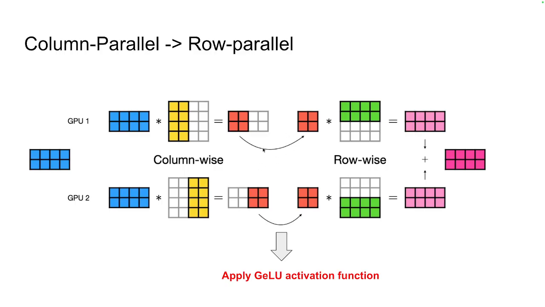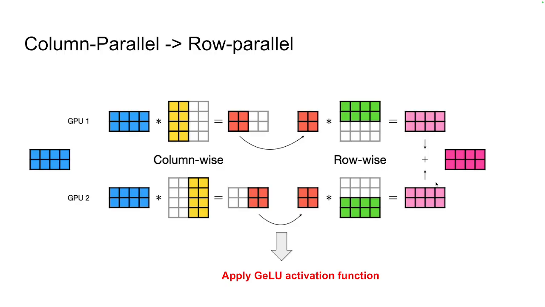So in the two GPUs you can independently apply GELU, and then you again do row parallel matrix multiplication, where you pass this part, do a matrix multiplication with this, and take this part and do a matrix multiplication here, and then you can do an all reduce add on these two matrices to get the final matrix.